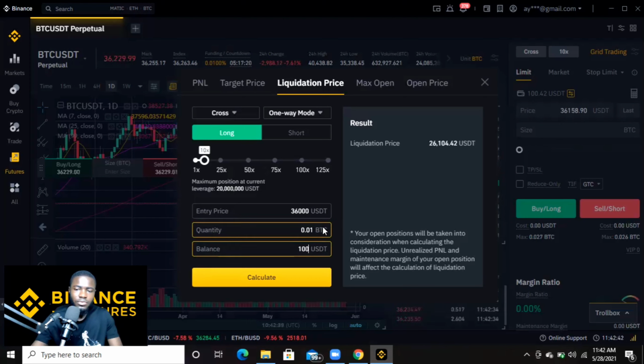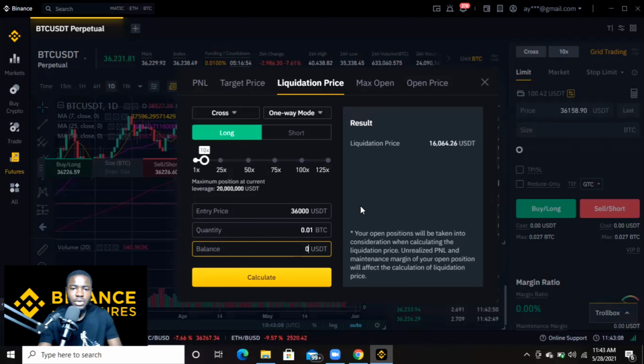So in the same vein, let's assume you have $200 as your balance. So let's calculate that. You can see that your liquidation price has reduced quite a bit. So sometimes when you enter a trade and let's say your liquidation price is 16,000 right now, and the trade is going against you, but you want to remain in that position, a smart thing to do is increase your balance.